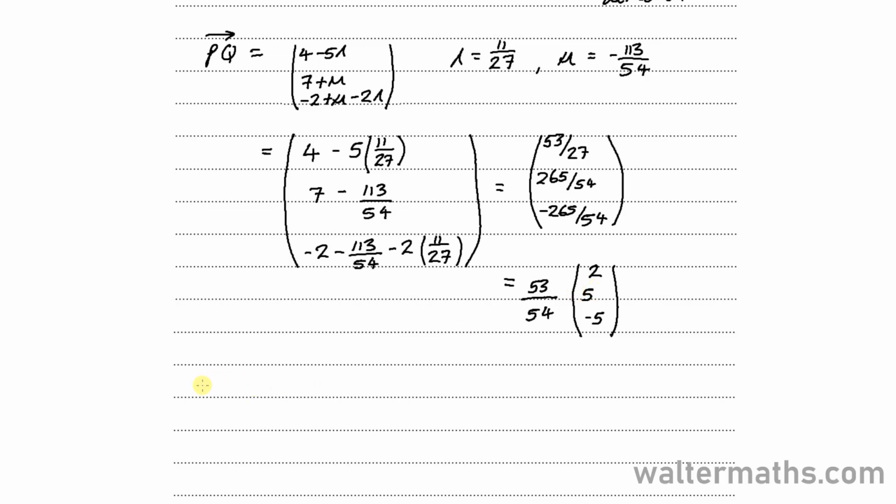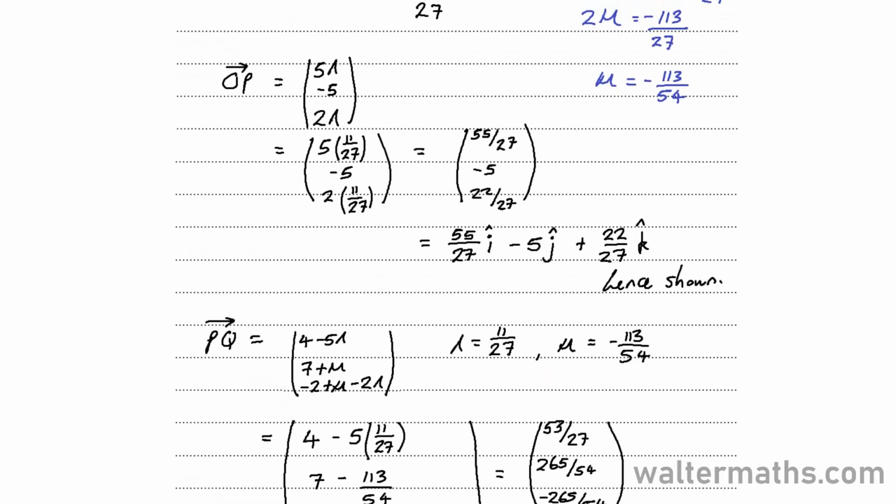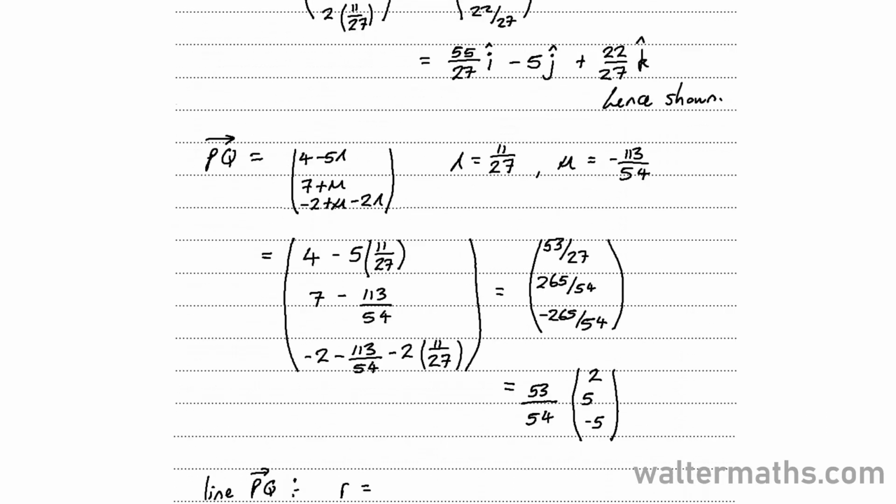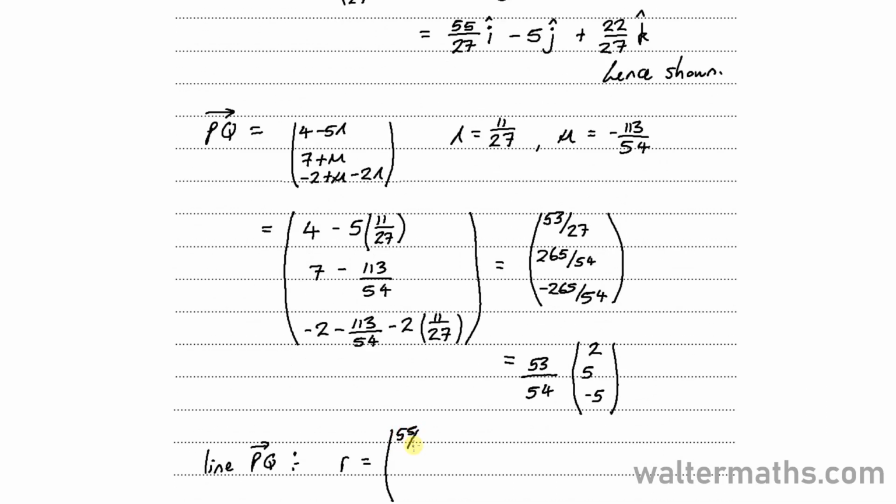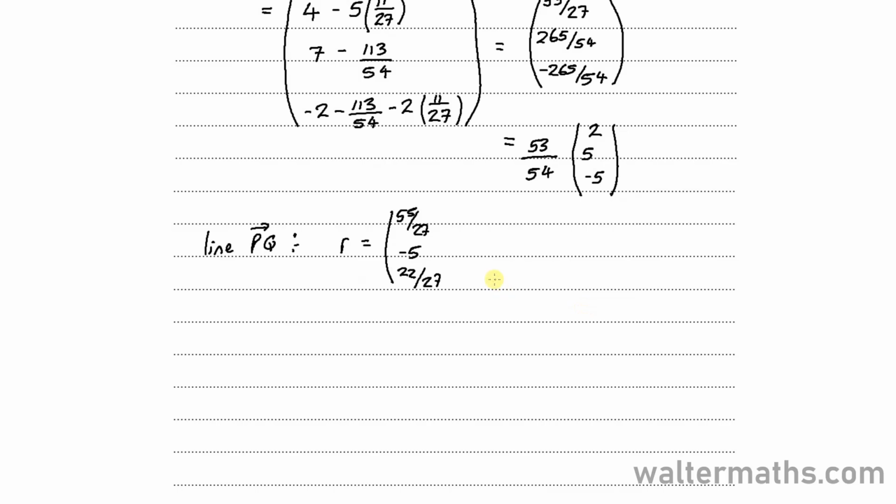So for the vector equation of the line PQ, it should be R is equal to, then we need a point on the line PQ. Now we can take OP as a point on the line, which is 55 over 27, then minus 5, then 22 over 27. And it's plus K of the direction vector of PQ, which we can take as 2, 5, and minus 5.